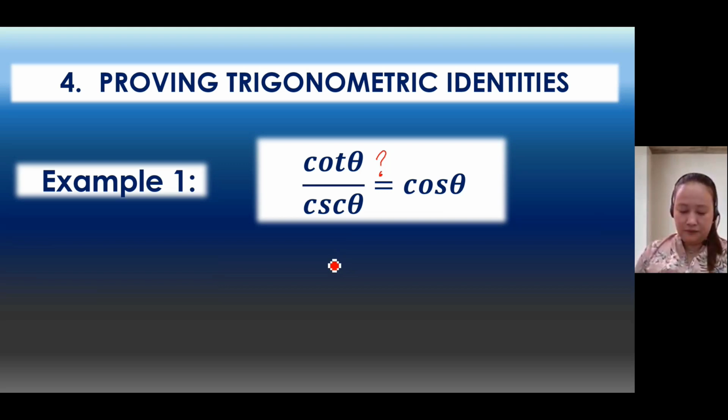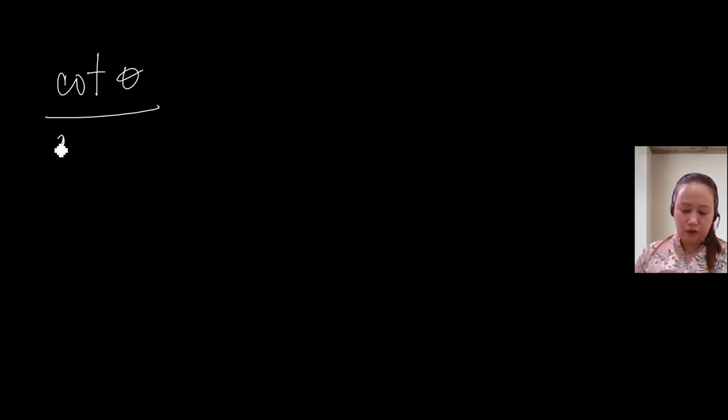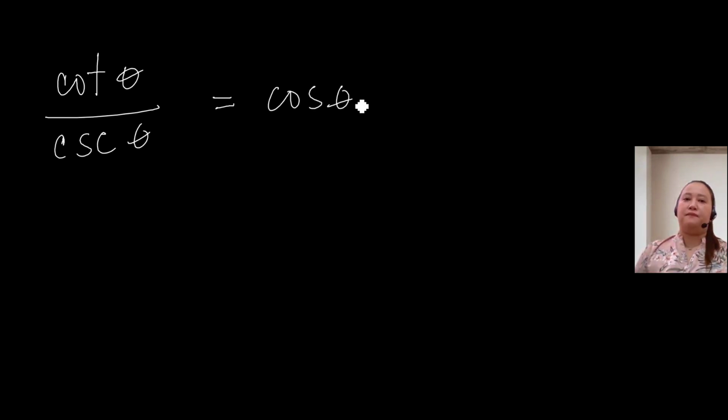So for this, again, let me write the given. So in proving, cotangent theta over cosecant theta, is it equal to cosine theta? Okay. Actually, they are already equal. What you need to do is just to prove. And in proving, this is trial and error.